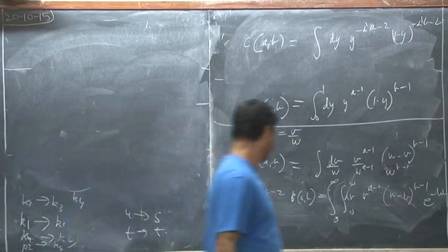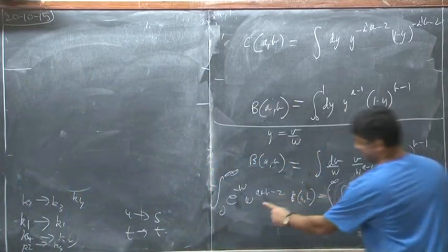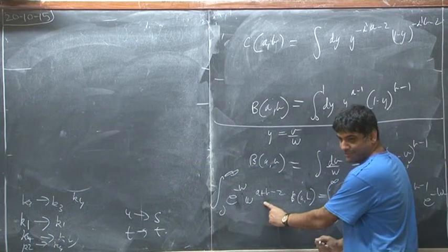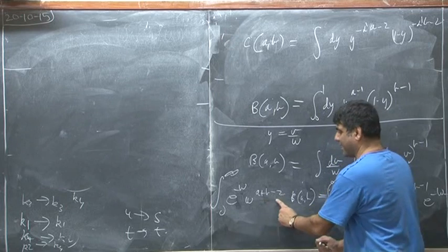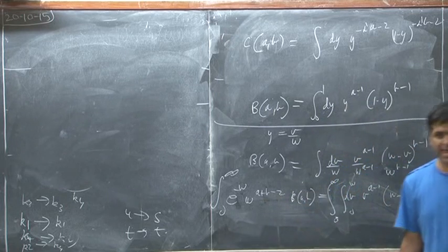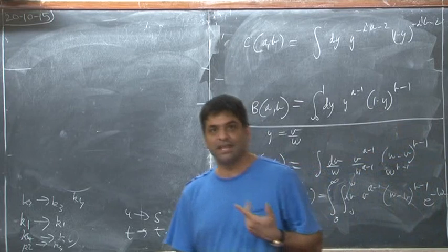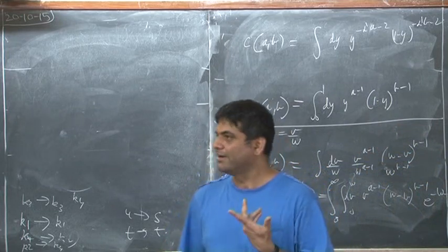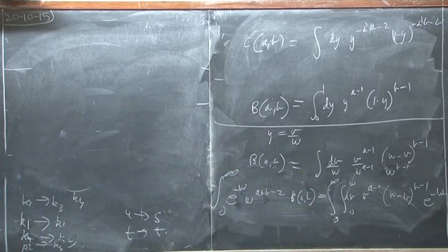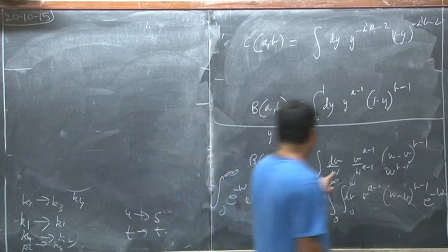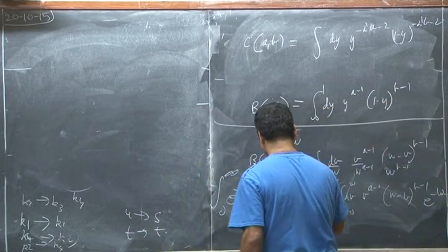So the left hand side is just the definition of the gamma function. Okay, the left hand side is the definition of the gamma function of what? Of a plus b. Wait, I messed up. There was a w, so there's no minus.